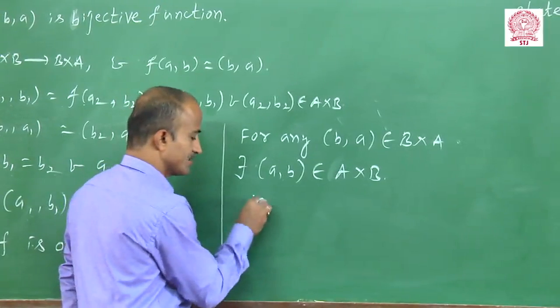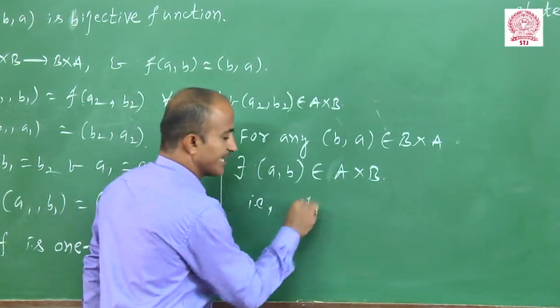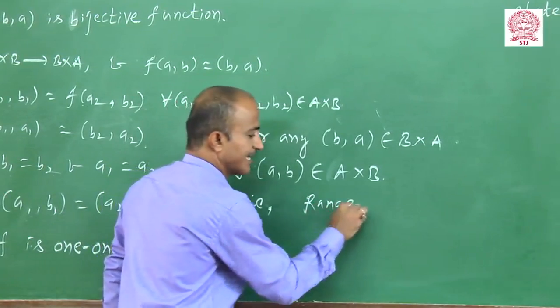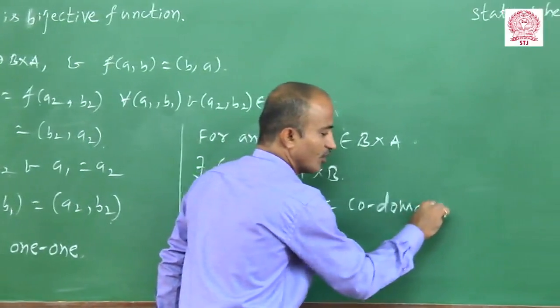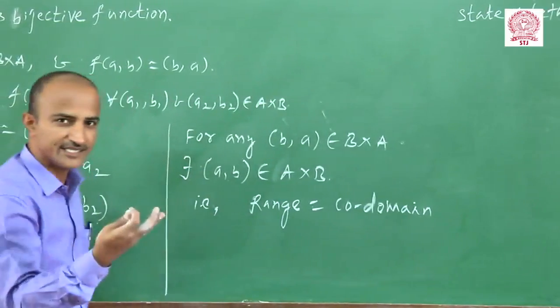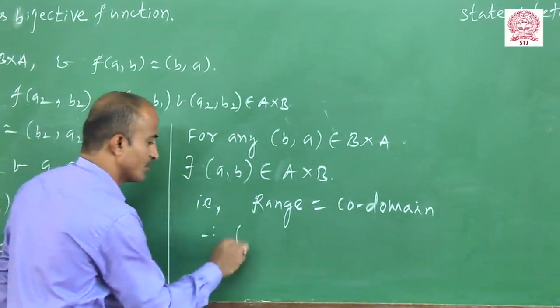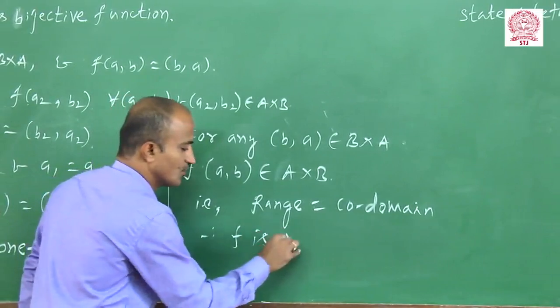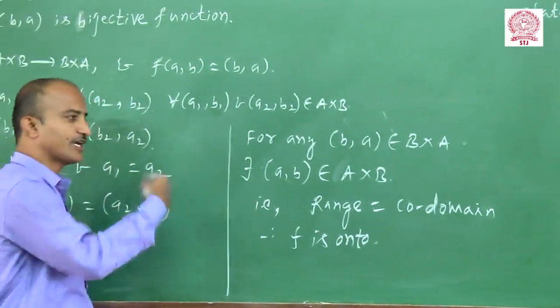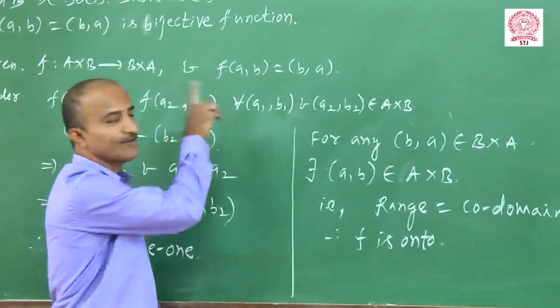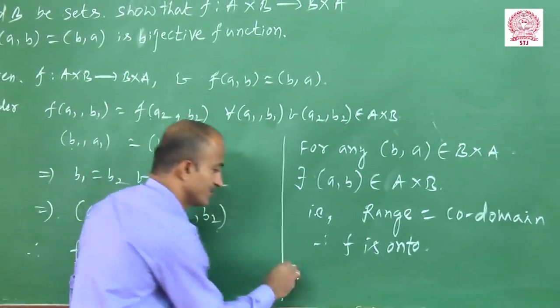Therefore, range equals codomain. When range is equal to codomain, clearly that function is surjective. Therefore, f is onto. Since f is both 1 to 1 and onto, hence the given function is bijective.